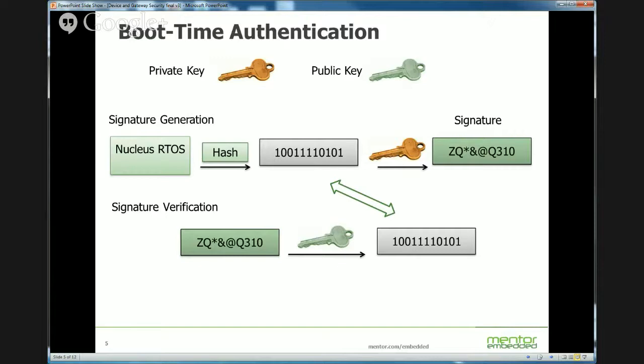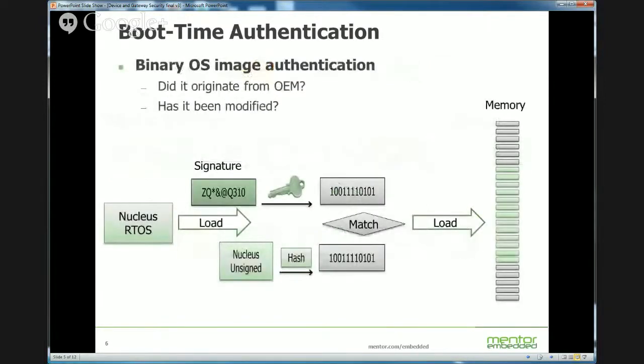There can be a hashing function that generates a code, and using a private key, a signature can be generated, and that signature can be protected in some isolated memory that's not accessible. So any subsequent booting of the system would be verified against that secret signature, and the system would only be allowed to boot if that signature actually matched.